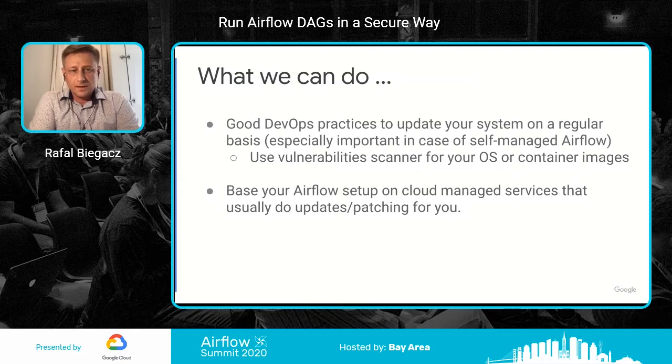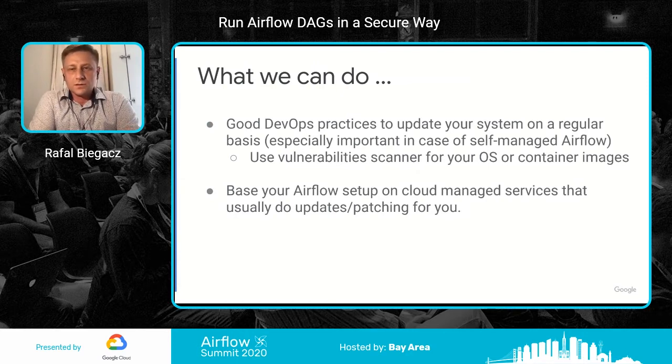The other approach that you should consider is to use the managed services provided to you by cloud service providers, because this might really help you in maintenance of the Airflow setup. Many times those managed services perform updates and patching for you, so this burden is taken off your plate.